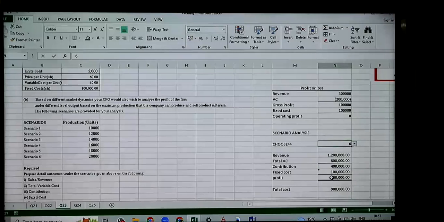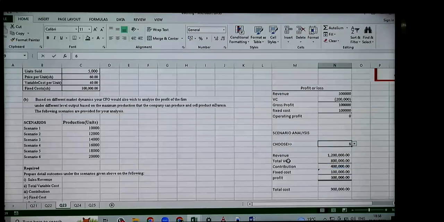This one is at least more realistic, because at scenario 1 we're making 500. This is because the variable cost also increases as the number of units we produce increases. You can see the contribution at scenario 6 is 400,000, and at scenario 1 it's 200.